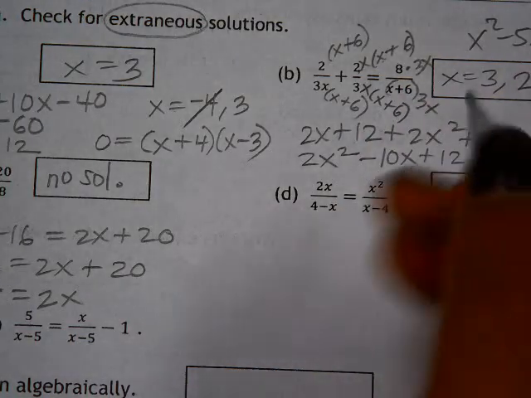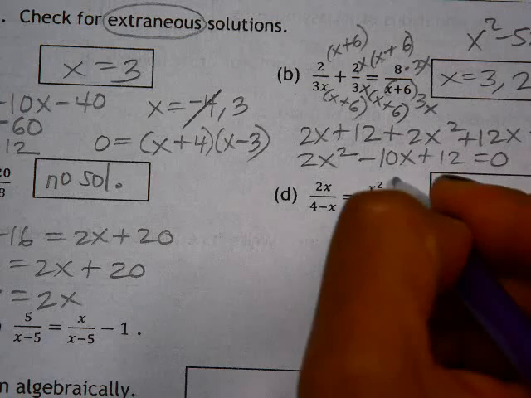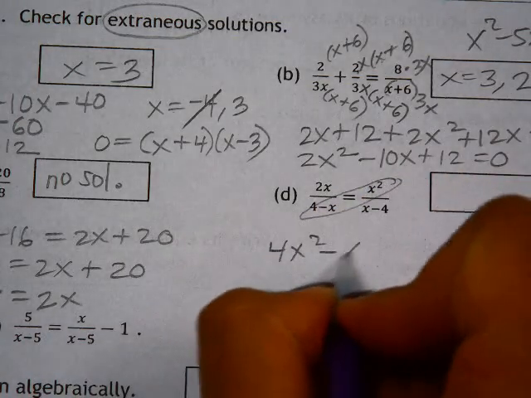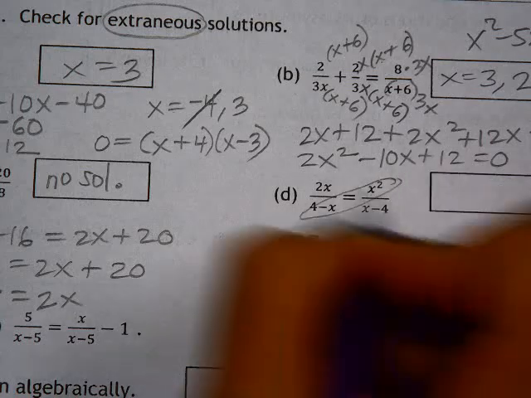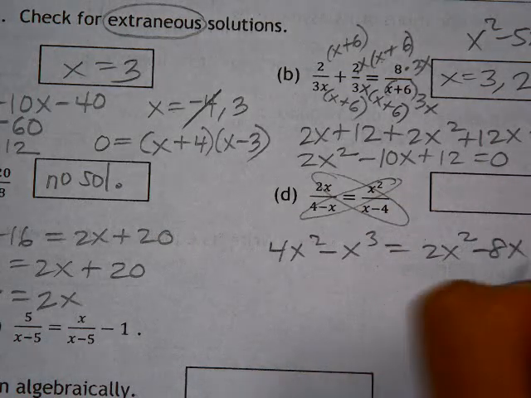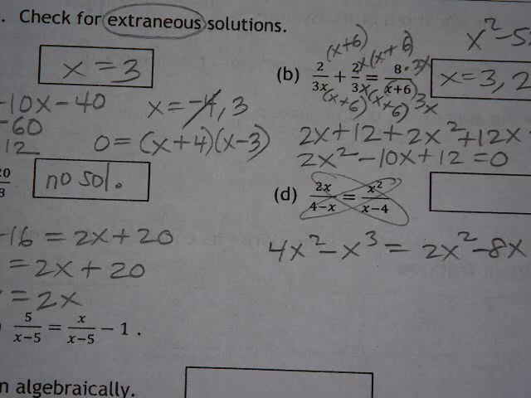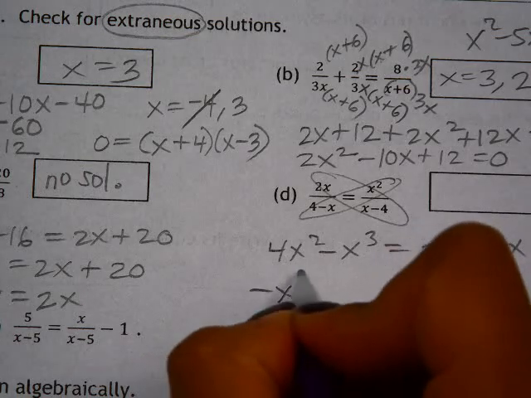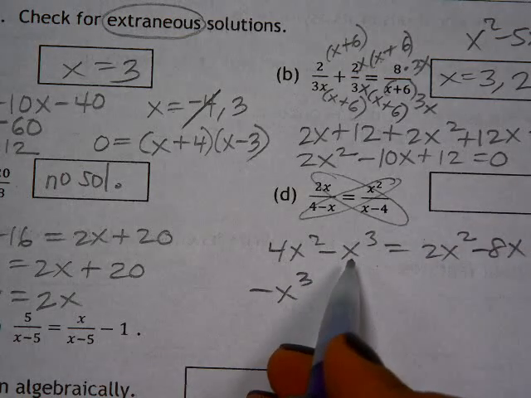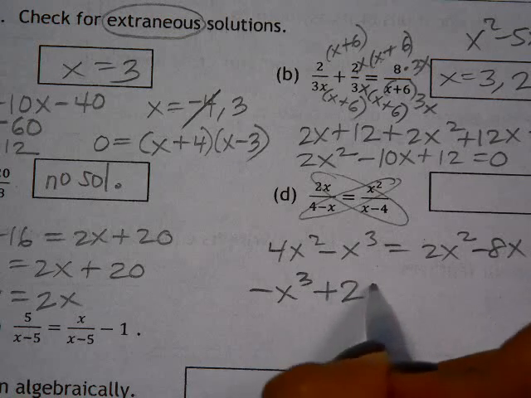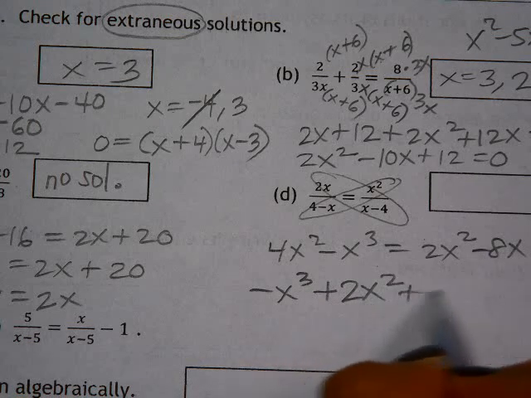If we cross multiply, this would be 4x squared minus x cubed equals 2x squared minus 8x. If we set this equal to 0, I'm going to make the x cubed the first term, subtract the 2x squared, that would be plus 2x squared, add the 8x.